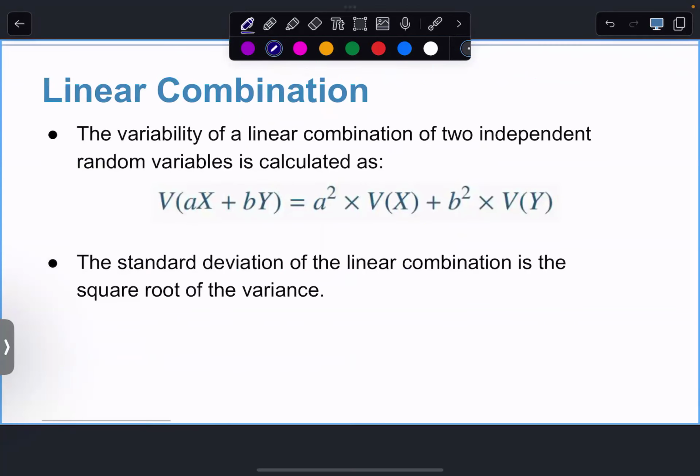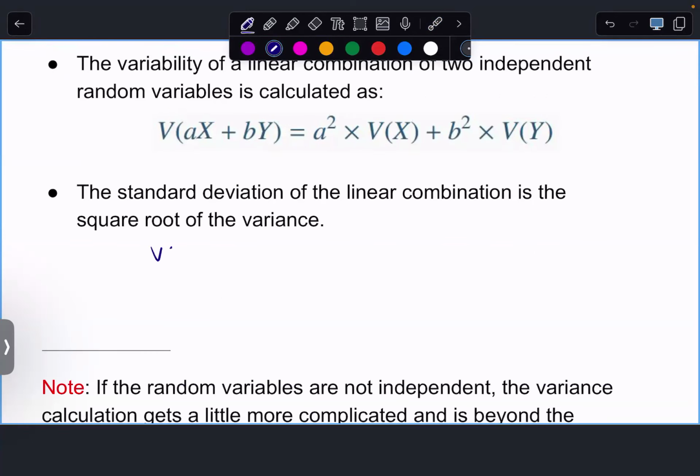How does the variance work? The variability of a linear combination, ax plus by, behaves a little bit differently. The variance of ax plus by, I am allowed to write as the variance of ax plus the variance of by.